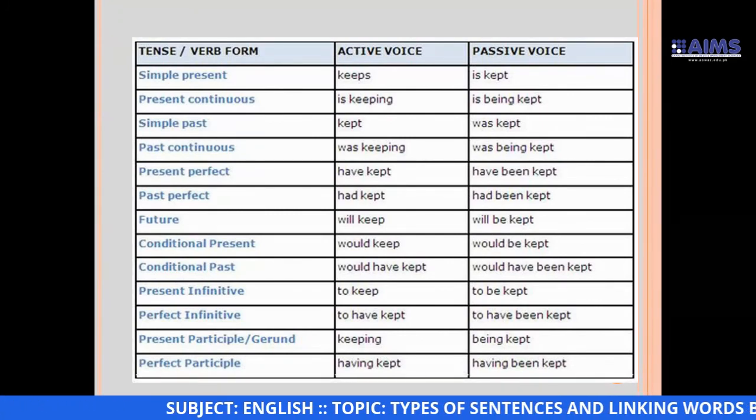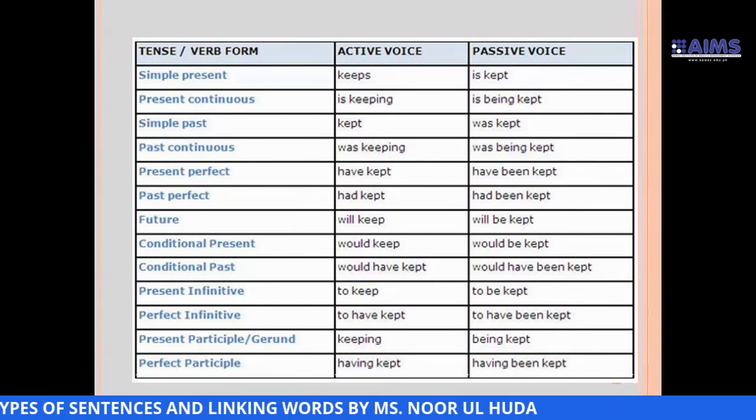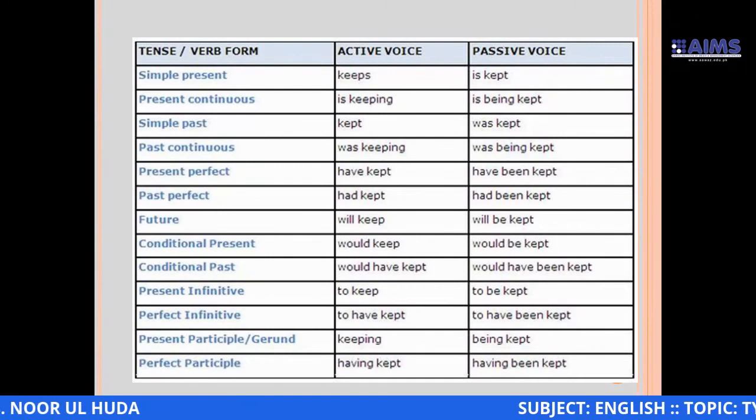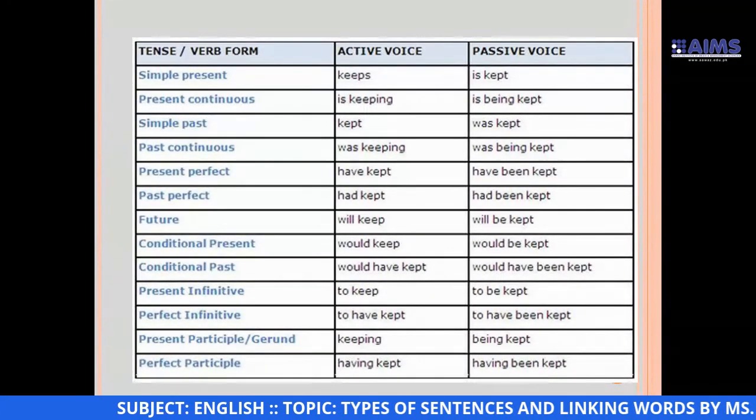Now if the sentence is in continuous, like "he is keeping the secret," so "the secret is being kept by that person."